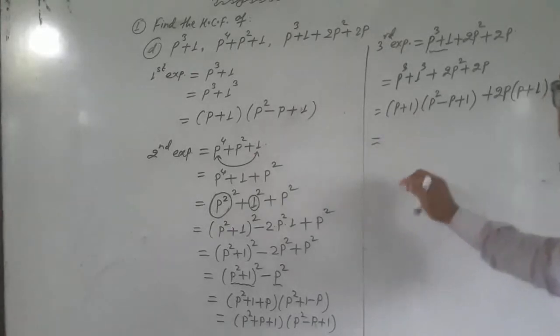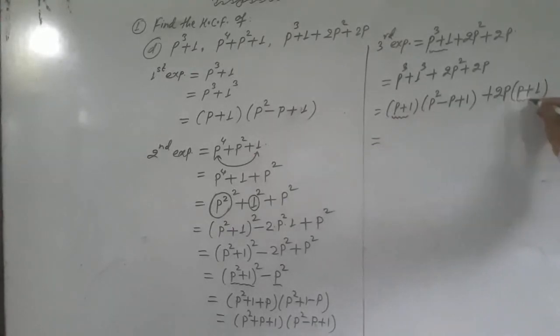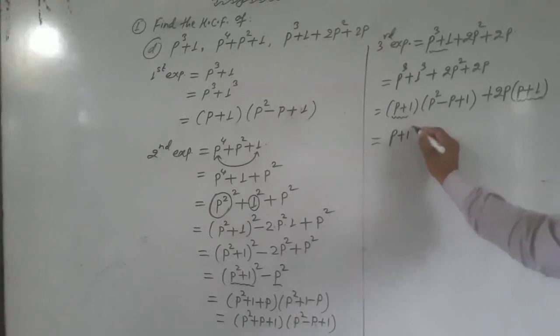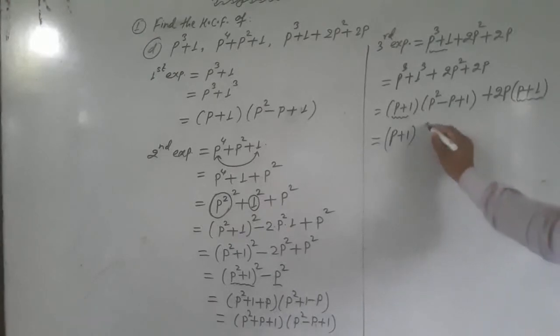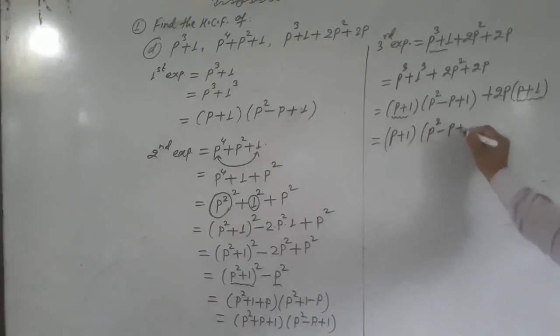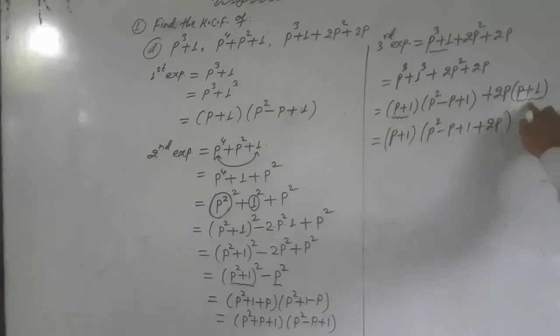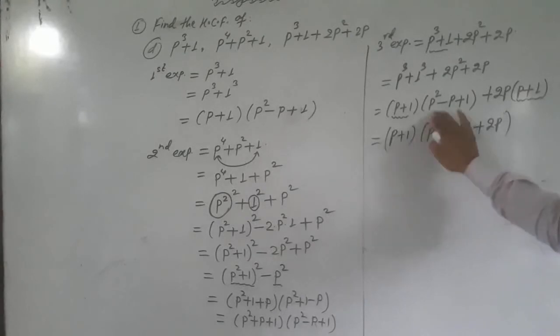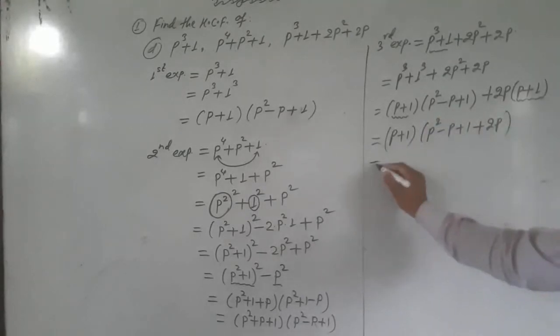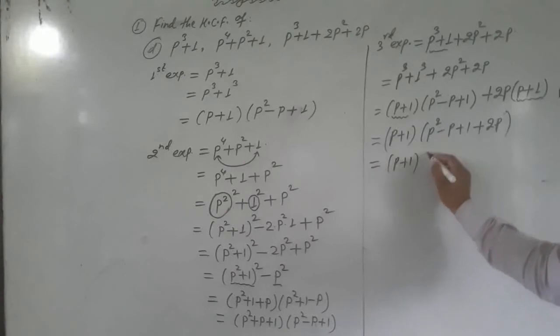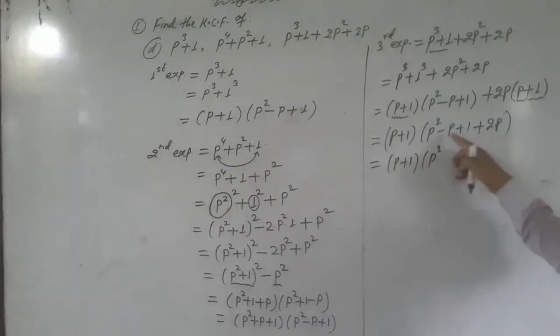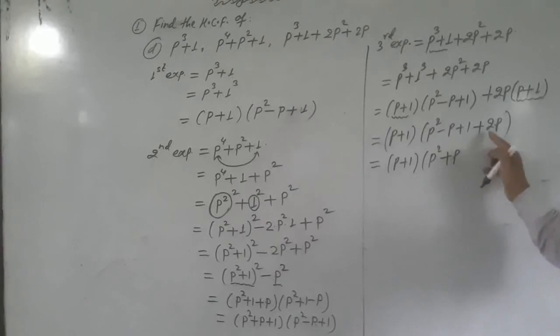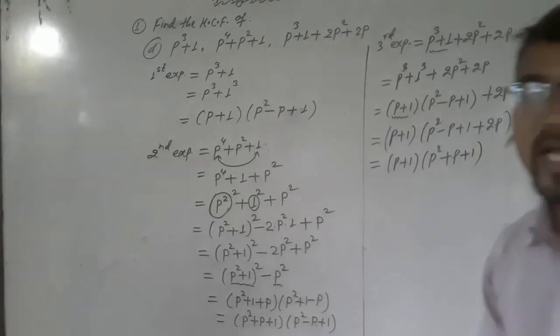Now students, you can see p plus 1 is common, so we take p plus 1 common. The remaining is p square minus p plus 1, plus 2p. This equals p plus 1 times p square plus 2p minus p, that is p, plus 1. In this way we can factorize it.